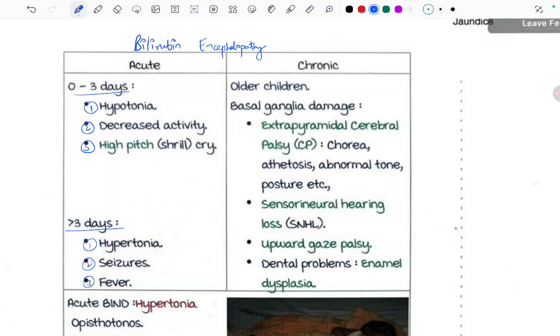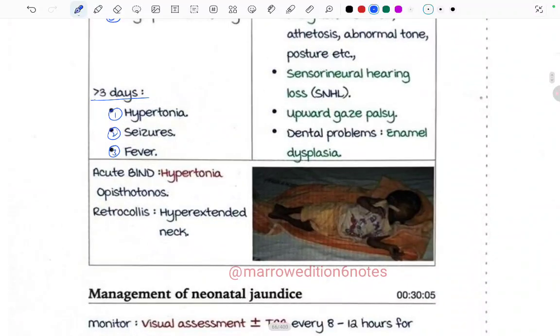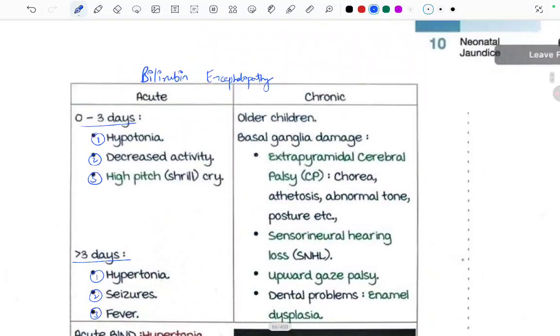It starts with hypotonia and decreased activity and progresses to hypertonia and seizures. Also, in acute BIND there is hypertonia with opisthotonus, and retrocollis is seen, that is a hyperextended neck.